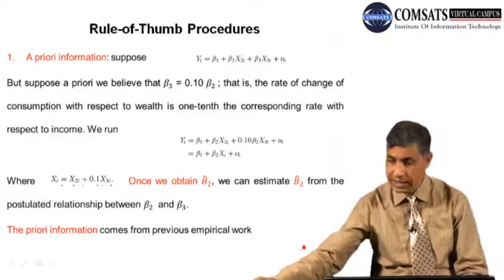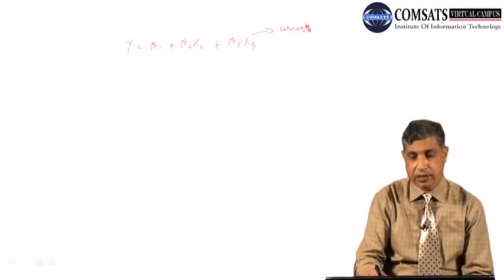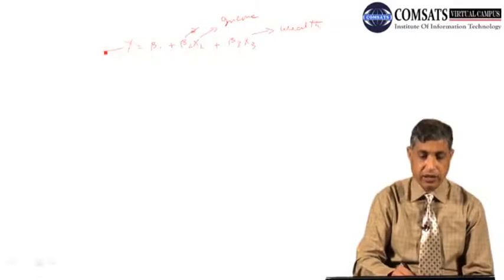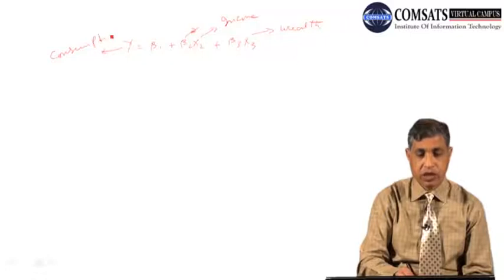For example, I am writing here that if Y is consumption, and it is based on beta 1 plus beta 2 x2, that is income, and beta 3 x3, that is wealth. So x3 is wealth, x2 is income, and Y is the consumption. A very simple example I am using.